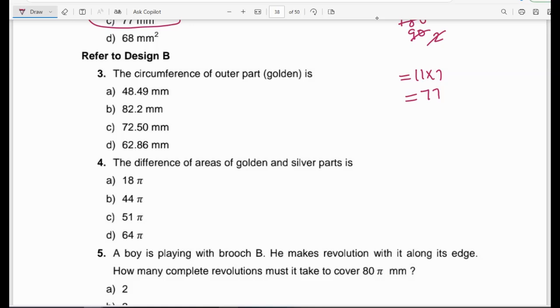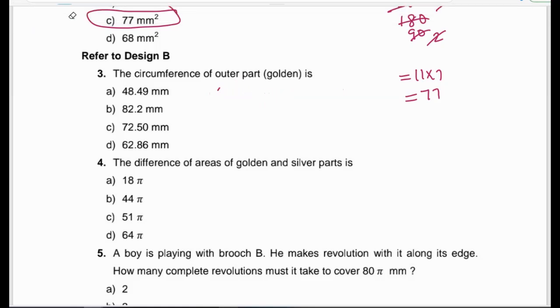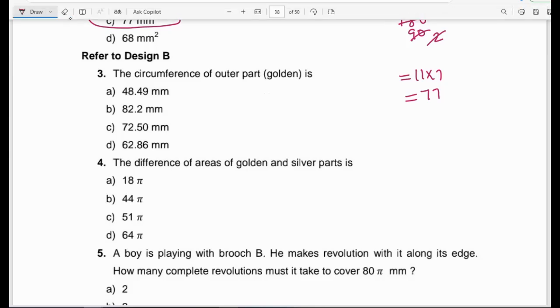They've given the circumference of silver. They've already given it, that is 44 millimeter.